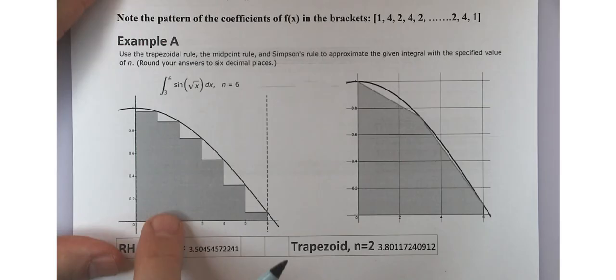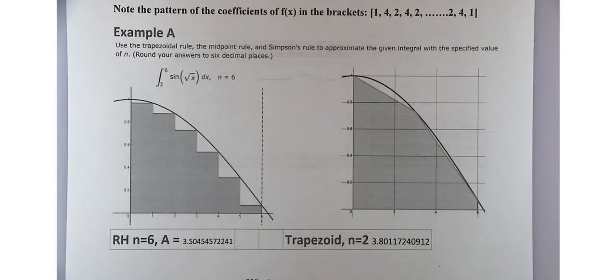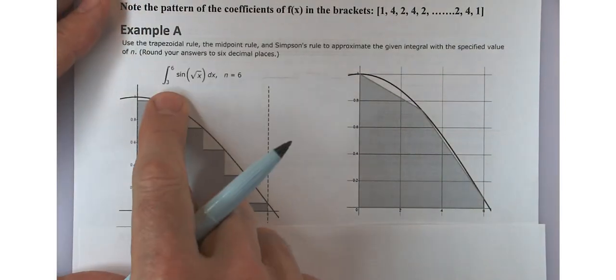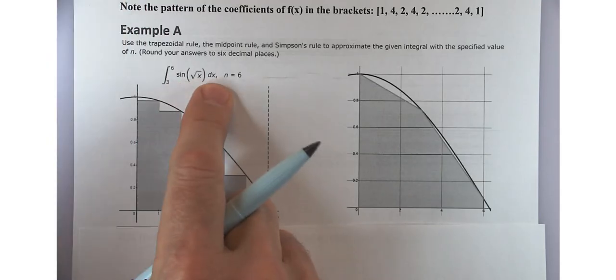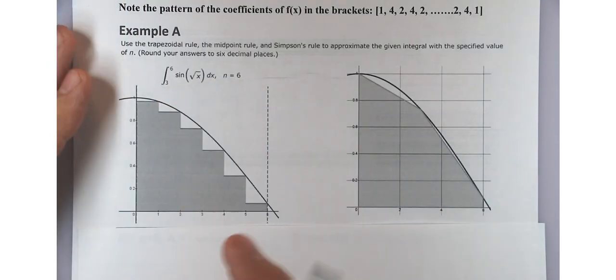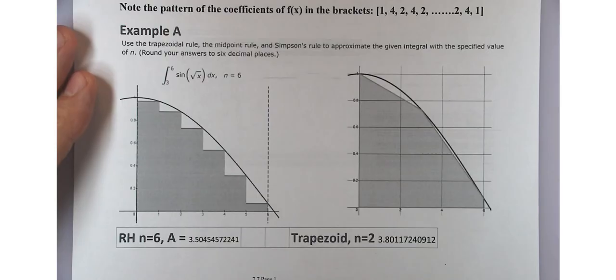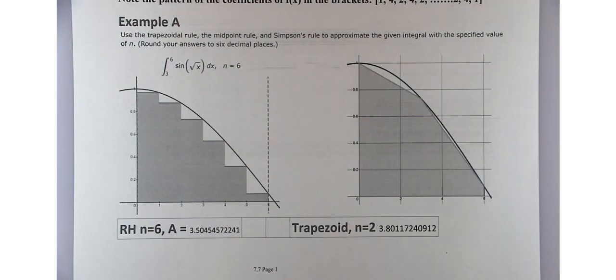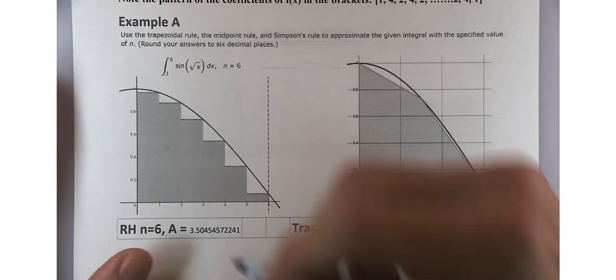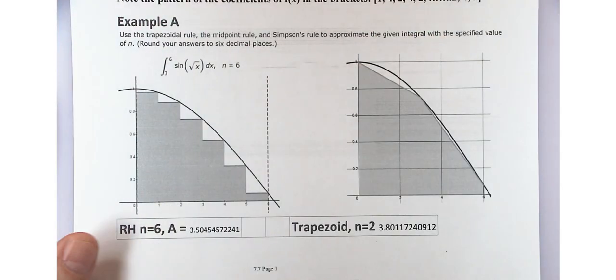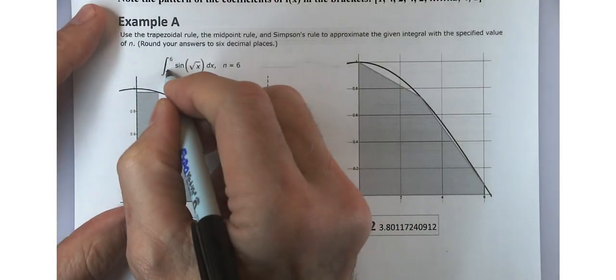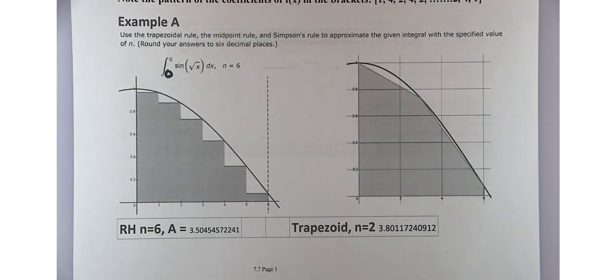We're going to apply that to example A here, where we've got the sine of the square root of x between 3 and 6. We want 6 subintervals here. Now, I didn't go through and change up my graph. Let's just make a change here. Let's just make that a 0. That way it matches the graph.